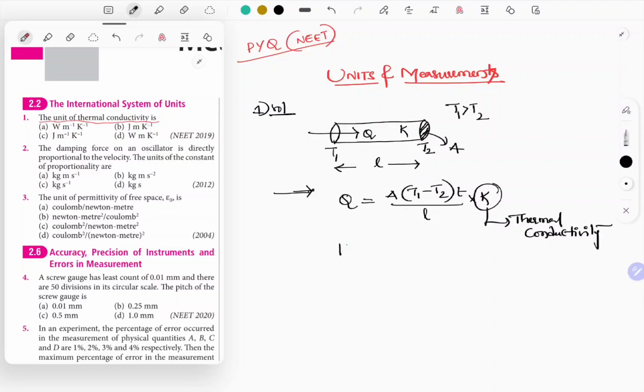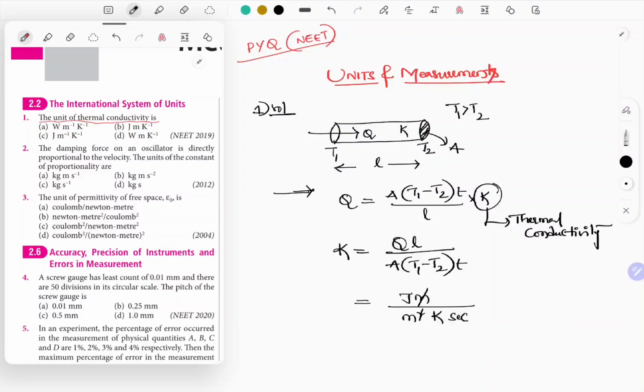From this, what is K? K is equal to Q into L divided by A into T1 minus T2 into T, where Q is the amount of heat transferred. The unit of heat is joule, length is meter, divided by area in meter square, temperature in Kelvin, time in seconds. One meter will get cancelled.